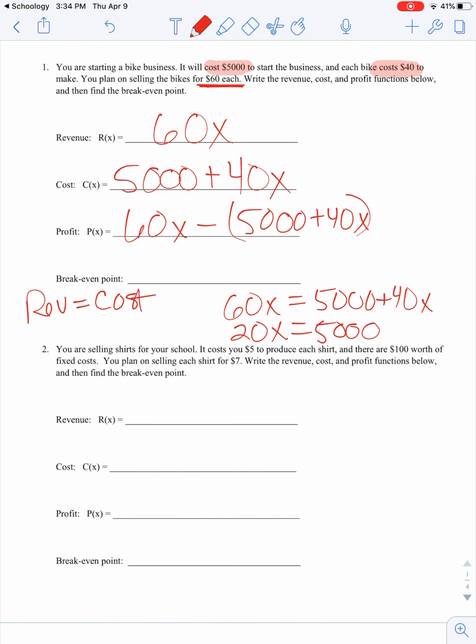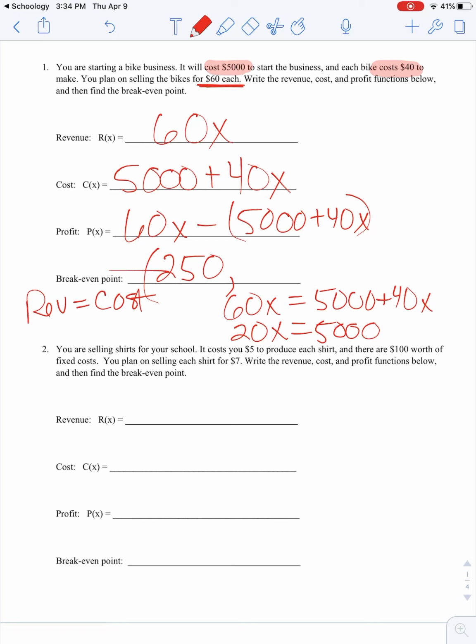So remember, x equals 250, but 250 is the number of bikes. So when I sell 250 bikes, I break even. What is the amount of money that I just broke even on, meaning my revenue is equal to my cost? So I have to take that 250 and plug it into either your cost or your revenue.